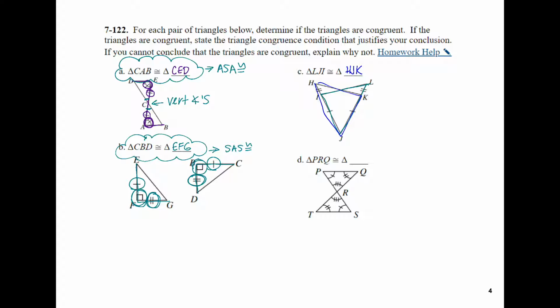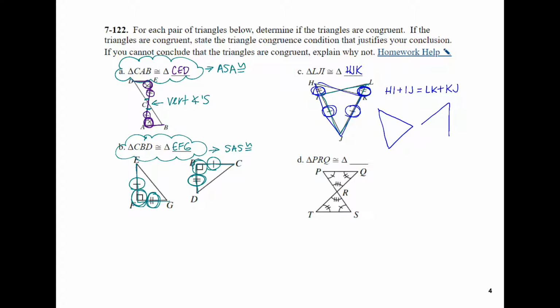So they said that this piece, LK, is congruent to HI, and they also said IJ is congruent to KJ. So if we have HI and add that to IJ, we can say that it's equal to LK plus KJ.